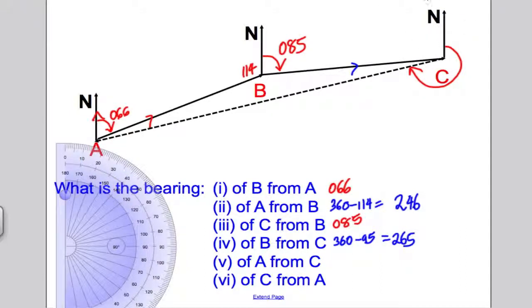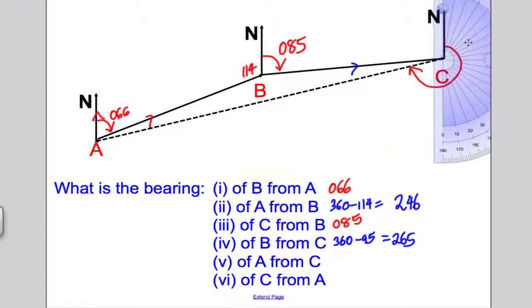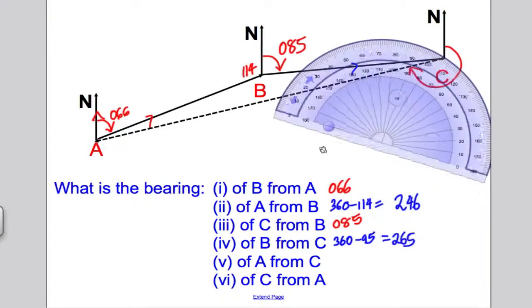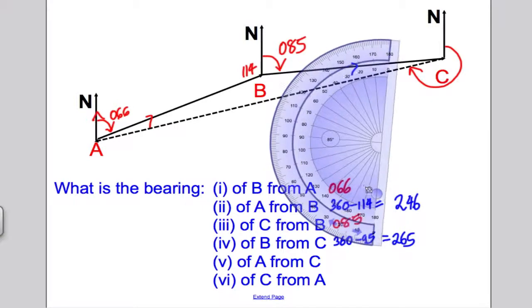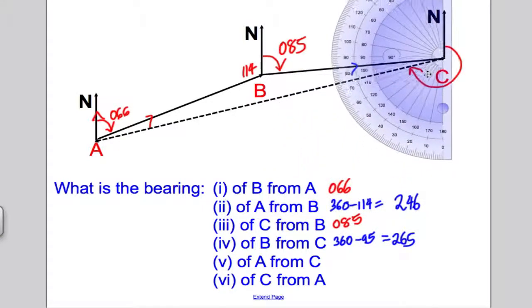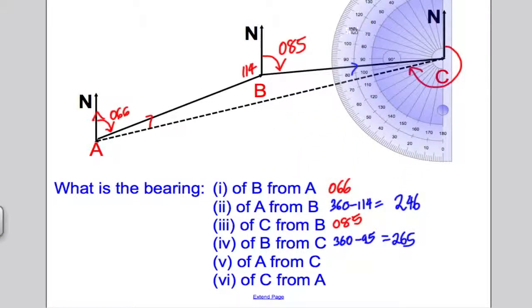An easy way of getting this, rather than try and measure that whole angle, if we measured the angle from the north this way until we get to this line, which looks like to me is going to be 105 approximately.